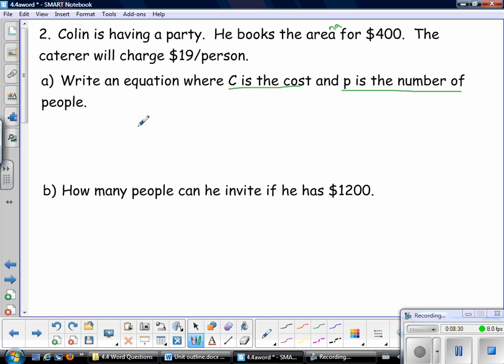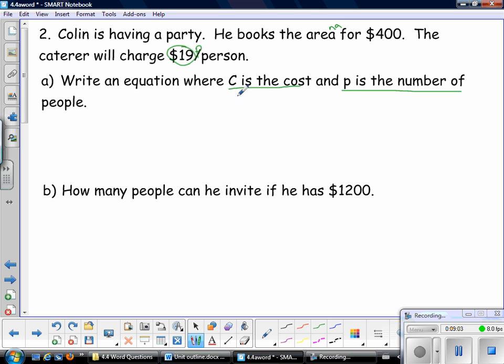So let's take a look then. So back to see what we have. So Colin is having a party. He books the arena for $400, whether he has anyone invited or not, and hopefully he invites us all. The caterer will charge $19 per person. Okay, so obviously this 19 is going to be 19 times P. And our cost is going to be, are we going to add the 19 to the 400?